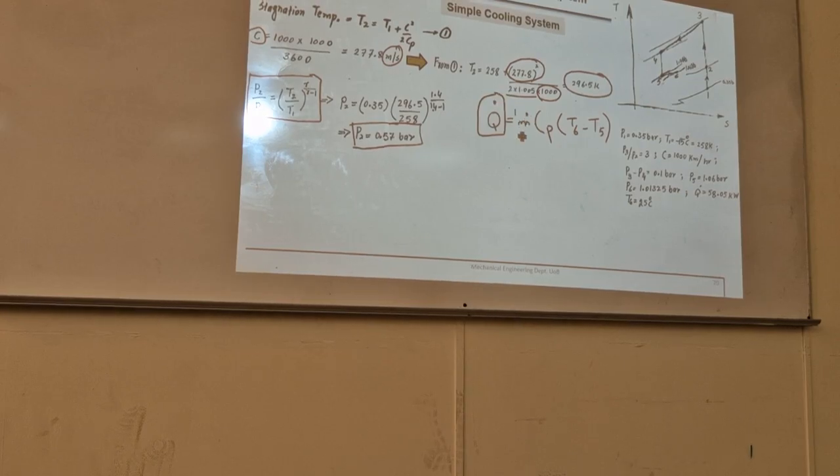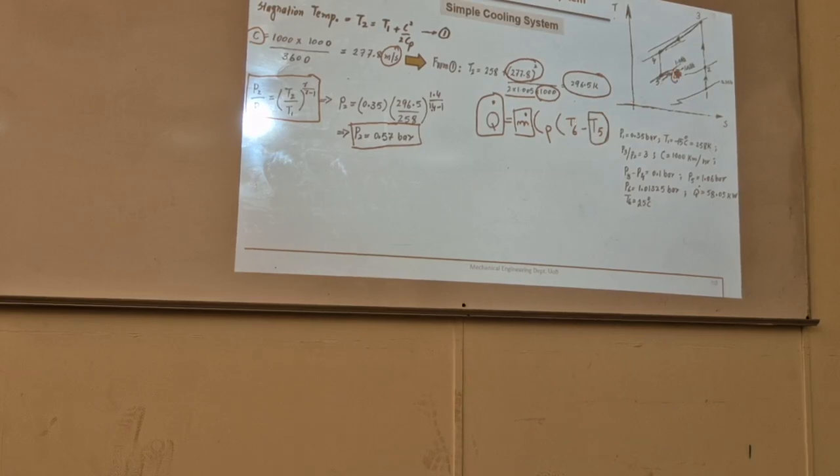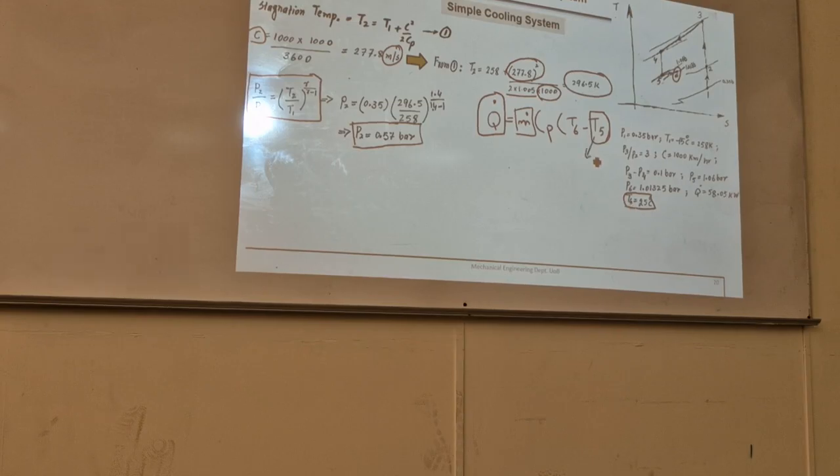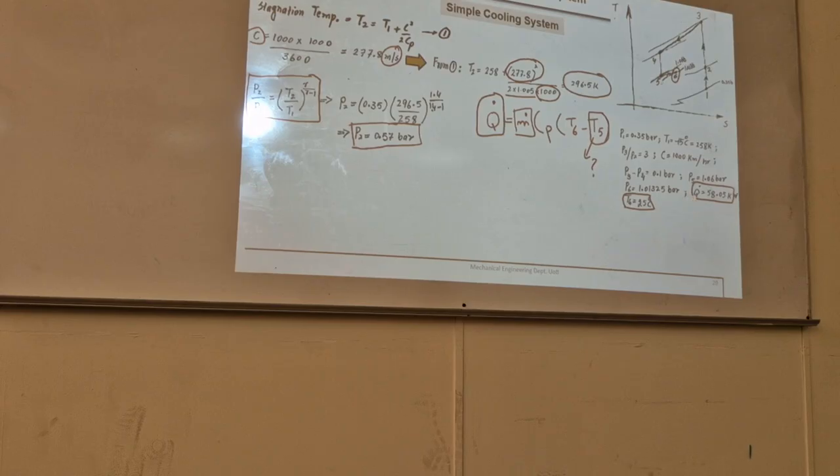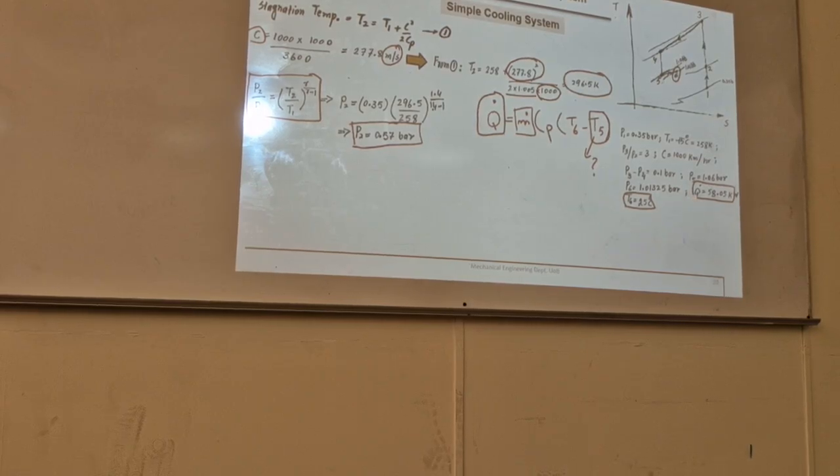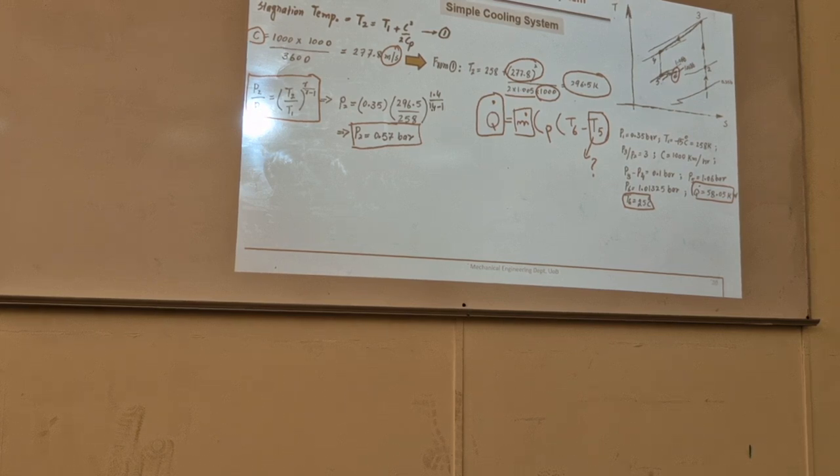So from here we can find out m dot, but I need to know T5. T6 is given, 25. But T5 we need to calculate. Q dot is also given, right? So T5 can be calculated from T4, and T4 from T3, and T3 from T2.